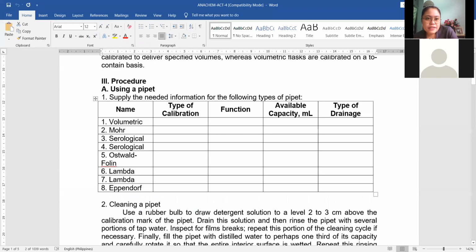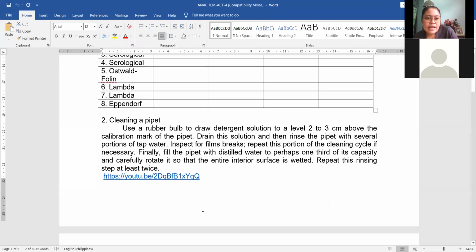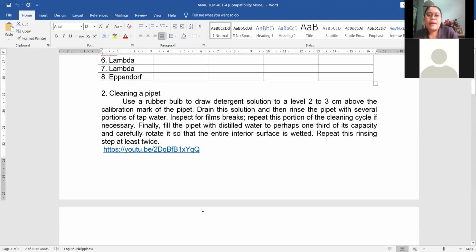And then, that's the first one. And then we have cleaning the pipette. How do we clean the pipette, class? You have the procedure there na gagamitin natin yung detergent solution. Ipapasok natin siya doon sa pipette using a pipette bulb, syempre. And then, pag napasok na siya sa pipette, we make sure na lahat ng sides ng pipette sa loob will be exposed doon sa detergent solution natin.